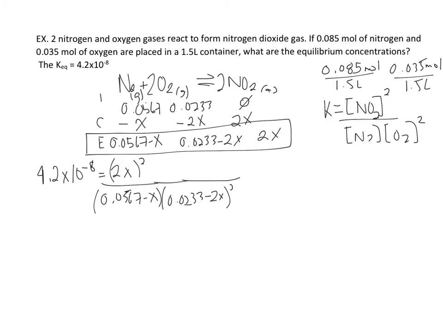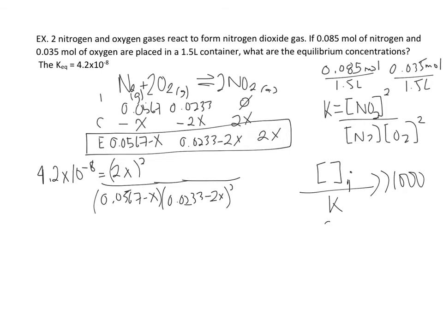So the 1000 rule says that if your initial concentration divided by your K value is greater than 1000, you can make the assumption that anything plus or minus x will be just the number.